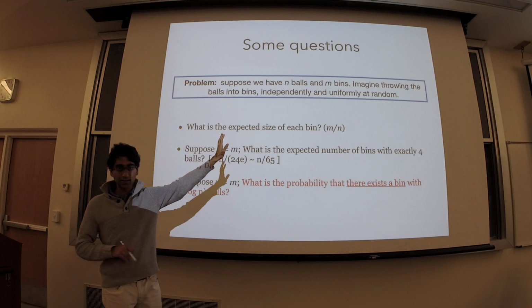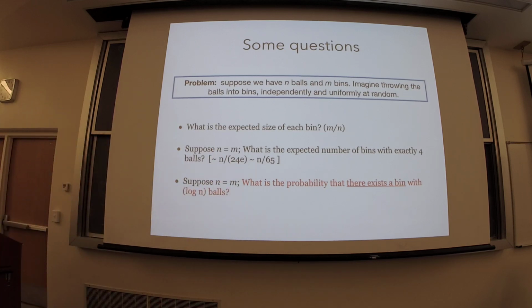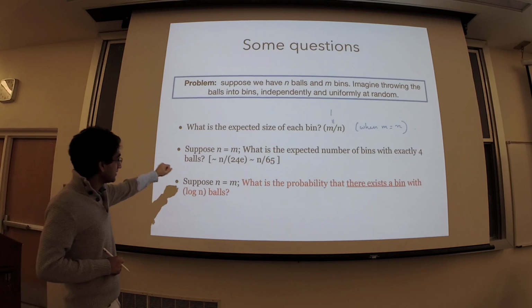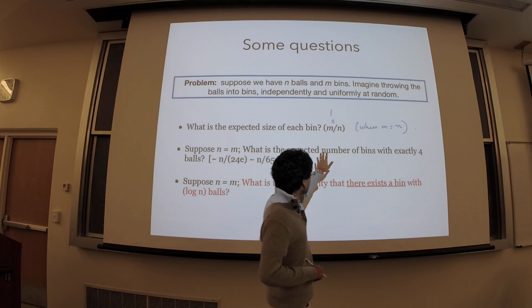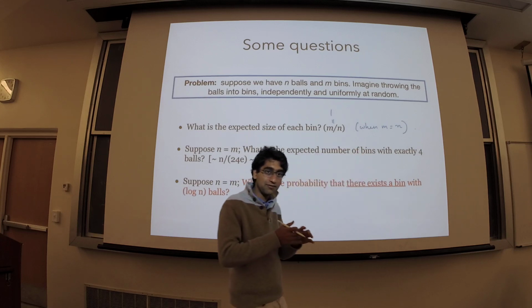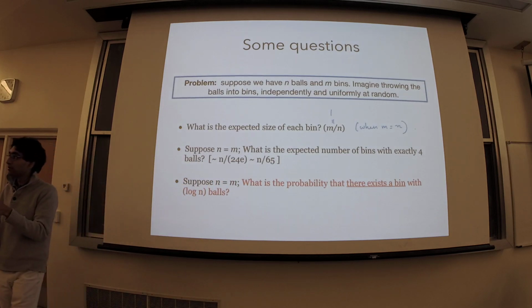So most of last class we kept looking at this m equals n case. And in this case, the expected size of each bin is 1. But then we said that in spite of that, there are a fair number of bins that have larger than one element, that have more than one ball in it.